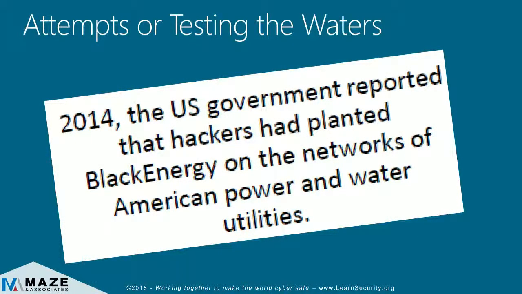We had attempts in the United States in about 2014 where this BlackEnergy exploit tool was found on networks in American power plants and water utilities. And it's interesting because this tool is related to a tool that the Russians have used elsewhere. It doesn't mean that Russians were in our utilities. It may have been somebody else.